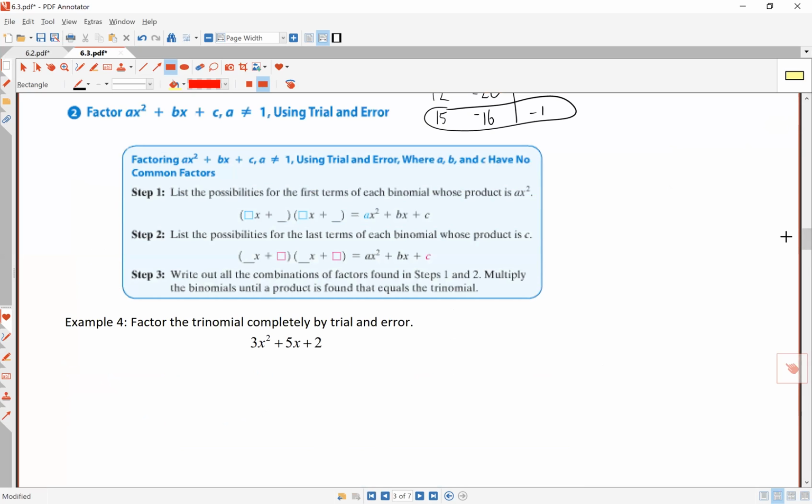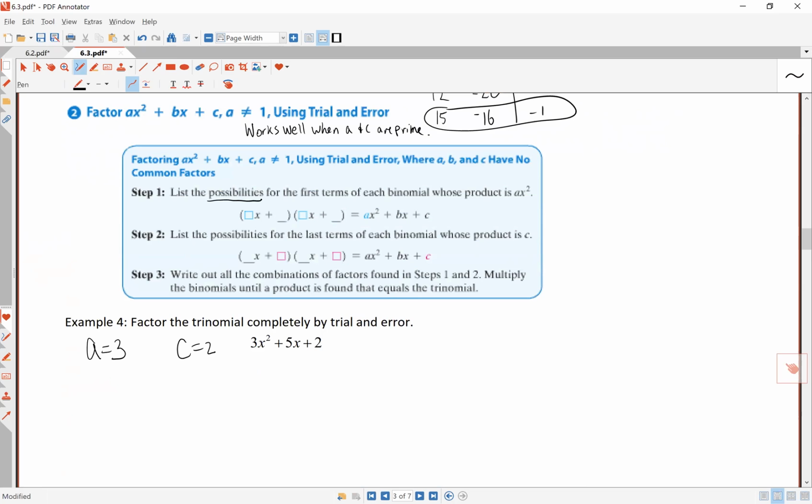The trial and error method works really well when the a and the c are both prime. We will see that because a and c are both prime, we are not left with too many possibilities.